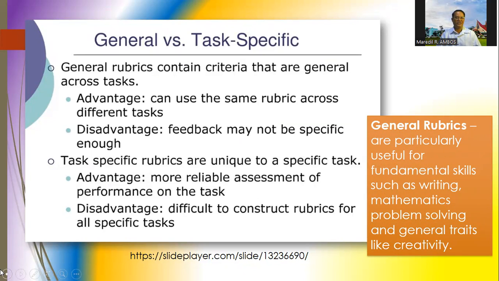However, the disadvantage is that feedback may not be specific enough. These general rubrics are particularly useful for fundamental skills, such as writing, mathematics problem solving, and general traits like creativity.